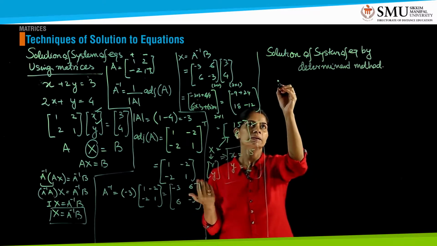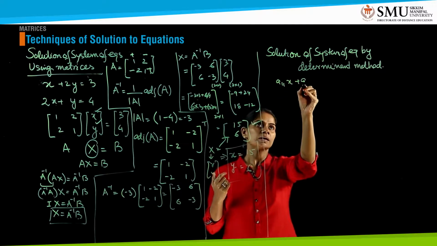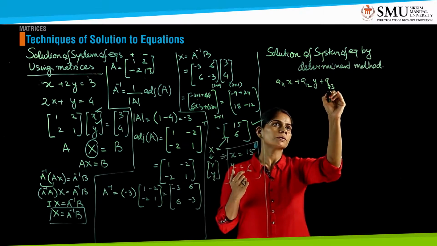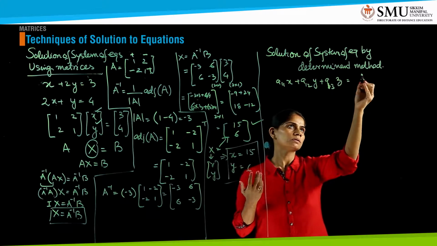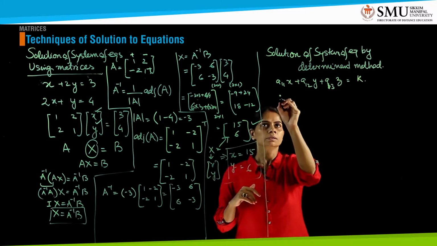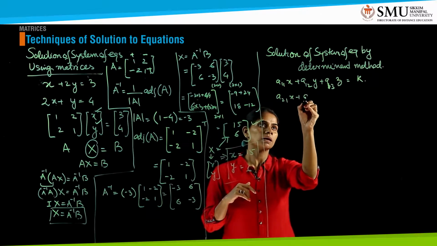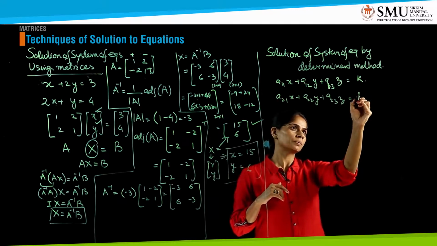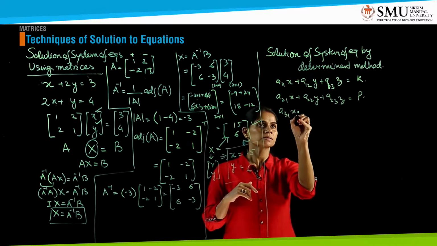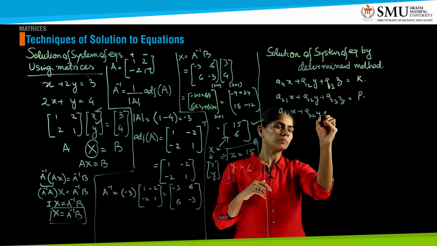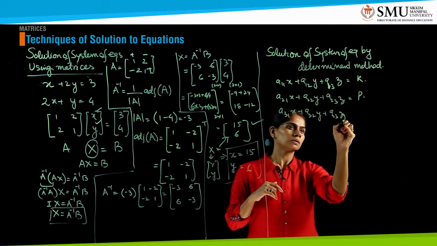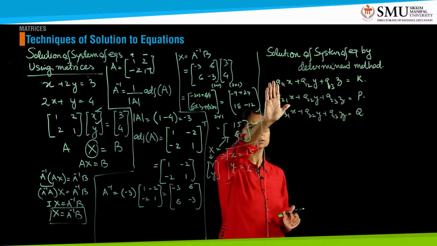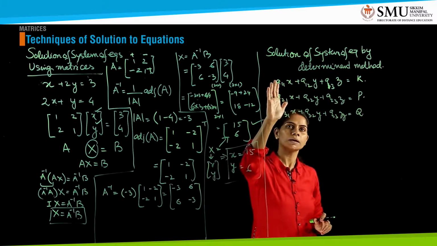Let it be a11x plus a12y plus a13z equals some number, say k; a21x plus a22y plus a23z equals some number p; and a31x plus a32y plus a33z equals some number, say q. So, this is the system of 3 equations in 3 unknowns.